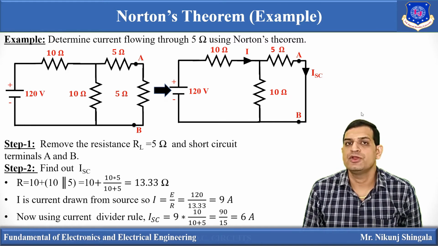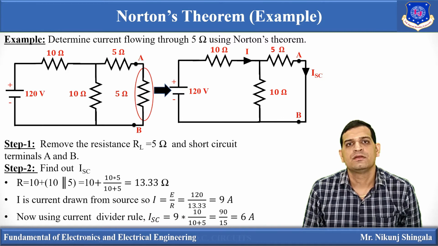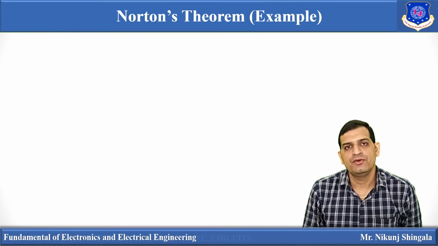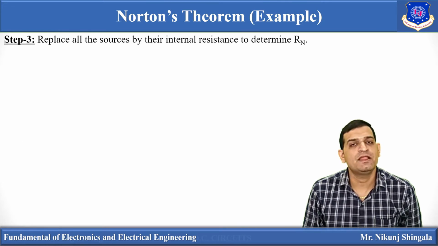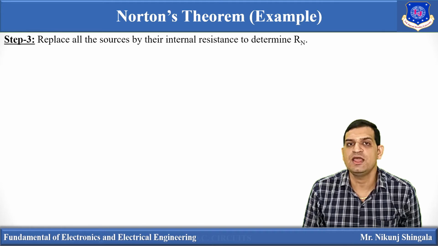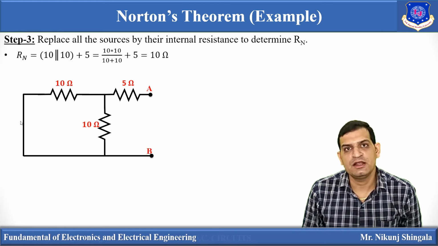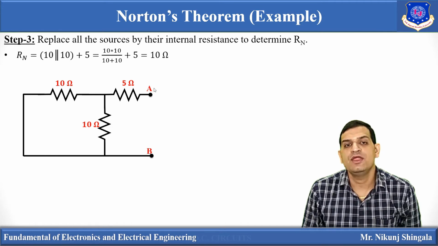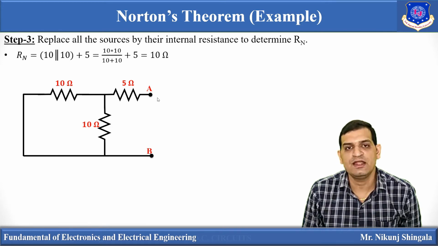Now the next step is to determine the RN, that is equivalent resistance. So we know to determine RN we have to replace all the sources by their internal resistance. As the given network consists of only a voltage source, that source is replaced by its internal resistance, so the voltage source is short circuited. Now whenever we are determining RN, we have to look back into the network from the open circuited terminal, that is AB.